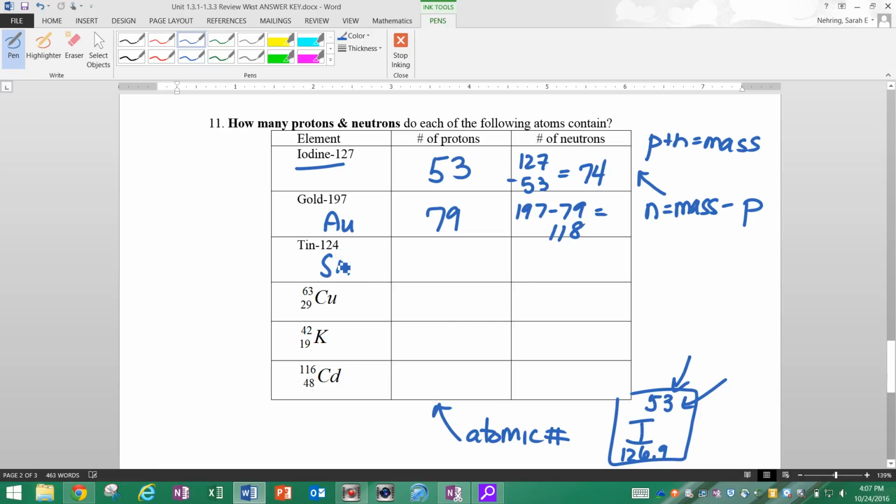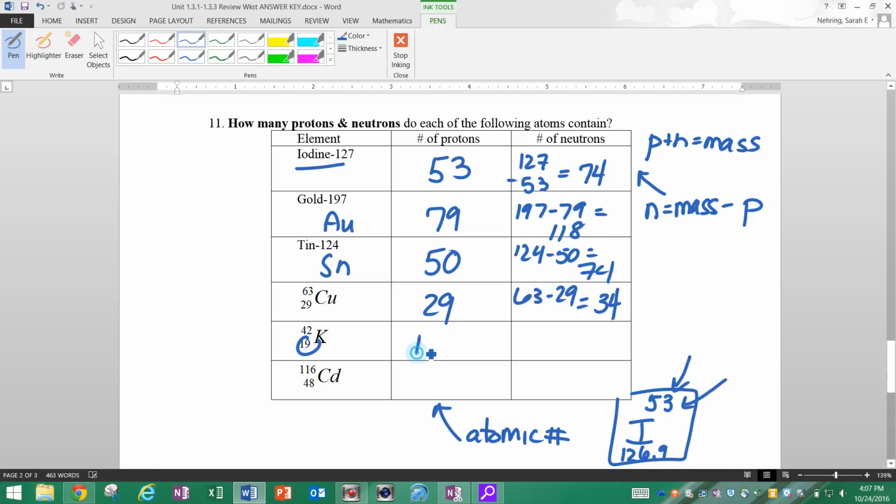Tin is Sn, and that is element number 50, so its number of neutrons is 124 minus 50, that is 74 neutrons. Copper has 29 protons, and 63 minus 29, 34 neutrons.